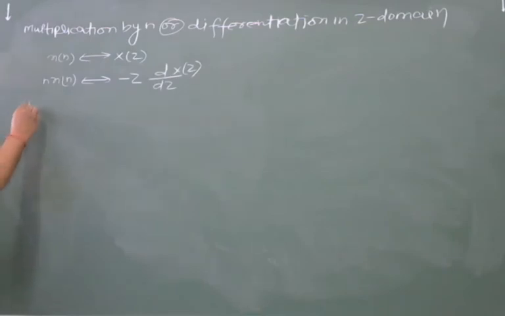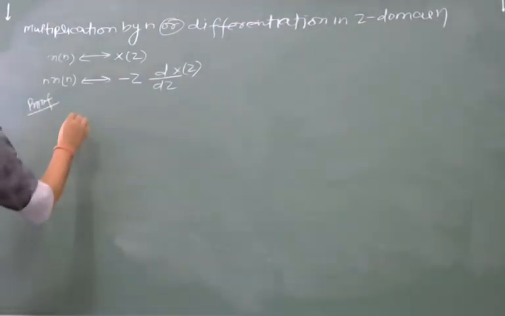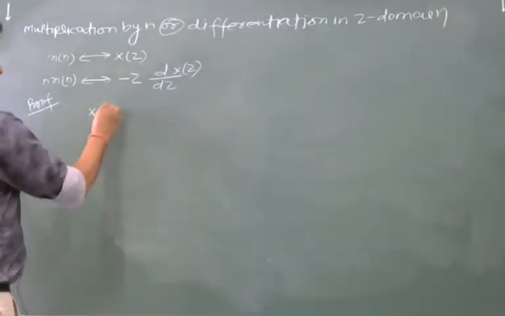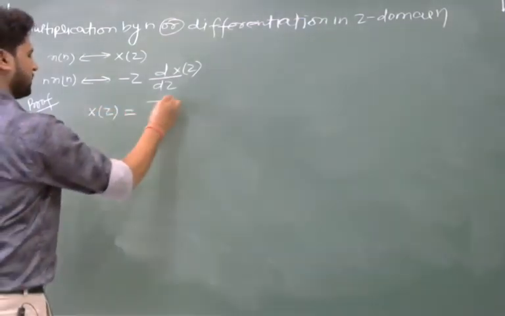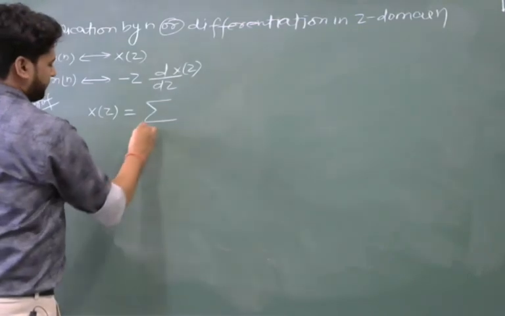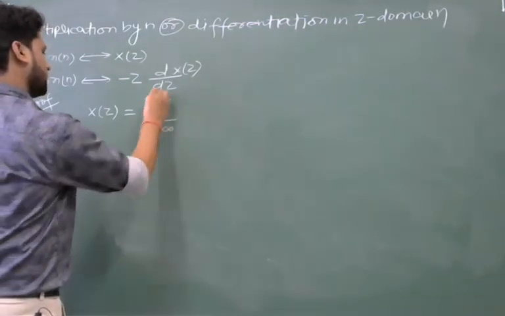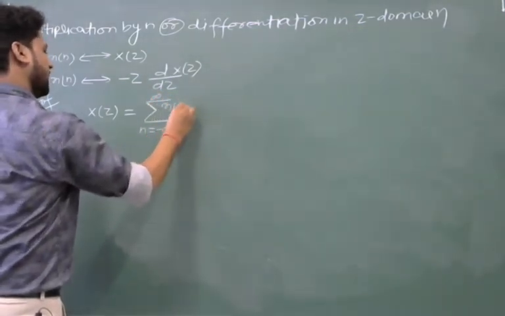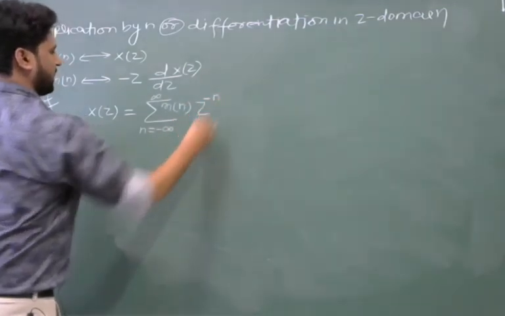Proof: we know that the z transform of x of n, that is x of z, is equal to sigma n from minus infinity to plus infinity x of n into z power minus n.